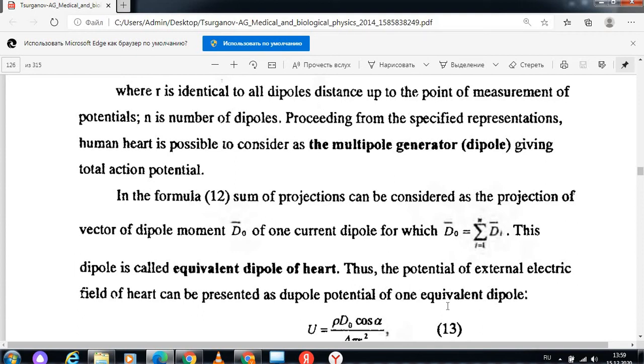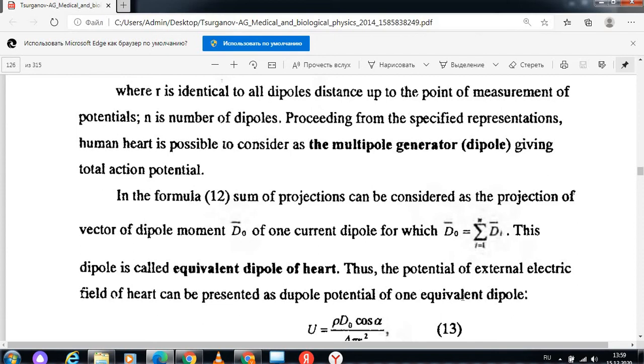So again, this sum of projections can be considered as a projection of the vector of dipole moment d0 of one current dipole, for which we have this sum of di from i equals 1 to n.